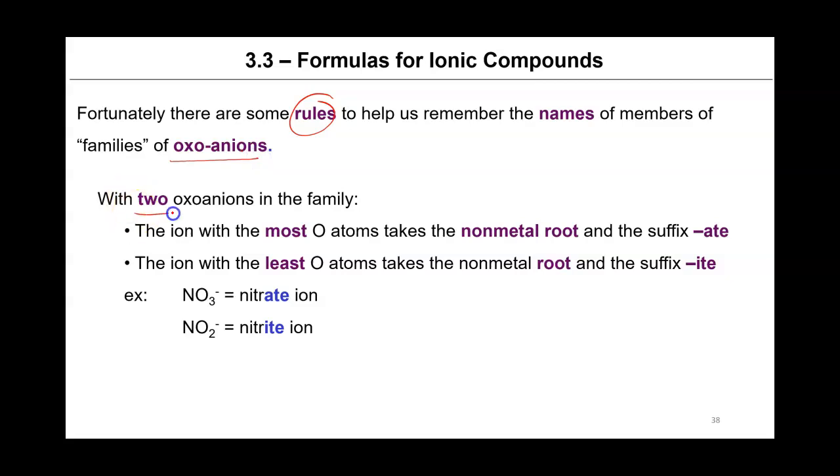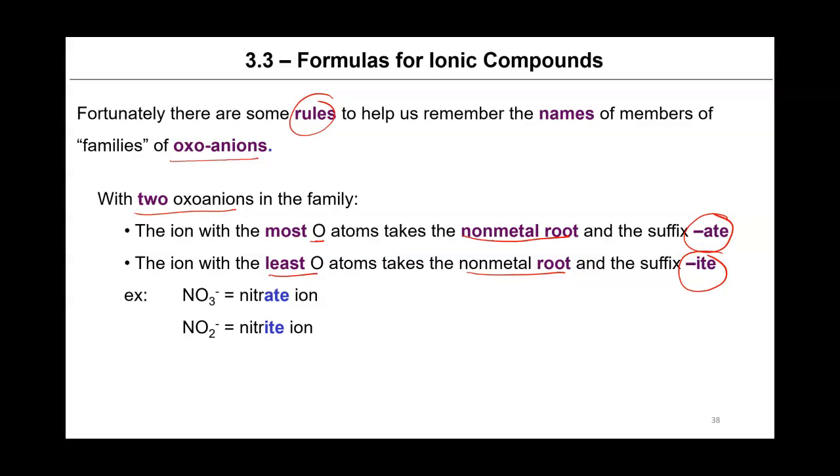Firstly, if there are 2 oxoanions in the family, the ion with the most oxygen atoms takes the first syllable of the nonmetal's name and adds the ending "ate" to it, and then the ion with the least number of oxygens takes the first syllable of the nonmetal's name and adds the ending "ite" to it.